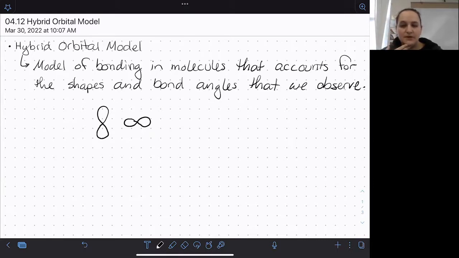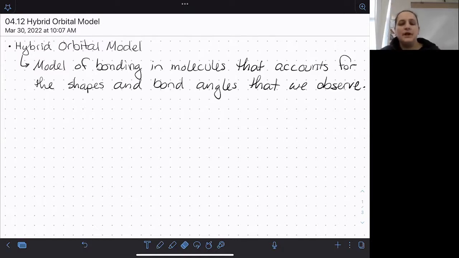If the atomic orbitals are responsible for a lot of bonding, we would expect to see a lot of 90-degree angles in molecules, and the fact is that we don't. So the atomic orbitals as they exist must not be what's responsible for bonding.